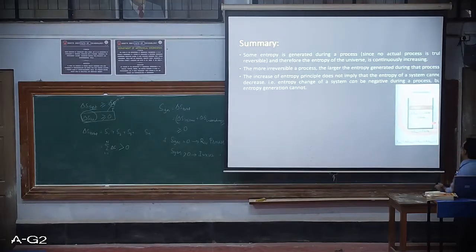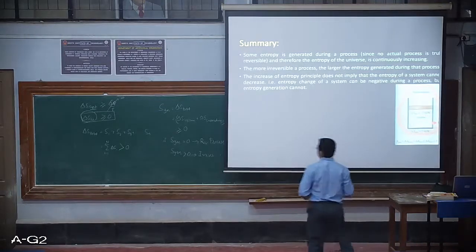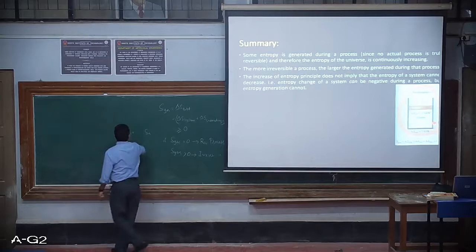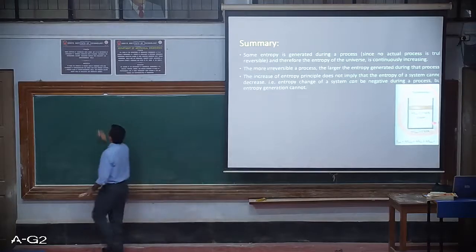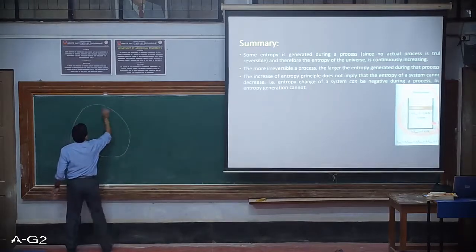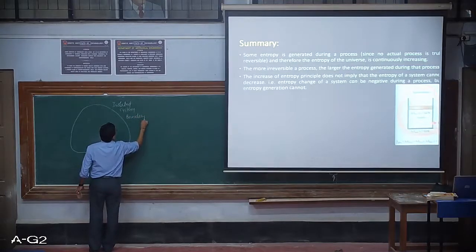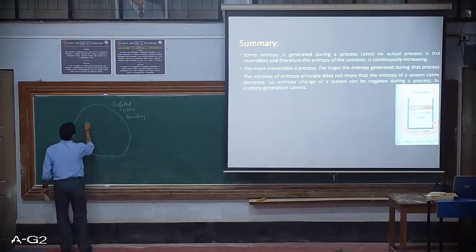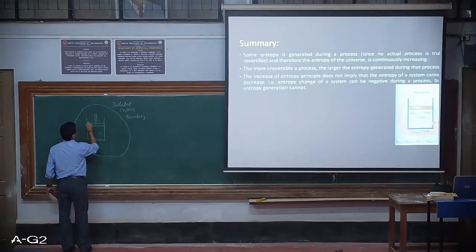For example, here I have shown one example where the system and surroundings are considered. So I'll be drawing that here once again. Let me draw the arrangement. So there is an isolated system boundary, which consists of a system under consideration, a piston cylinder arrangement.